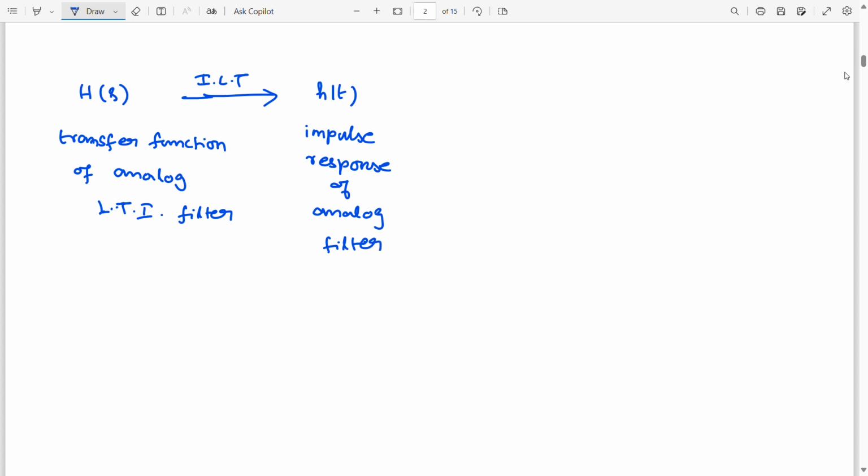And this h of t is uniformly sampled at the sampling rate of fs with the sampling period of ts, that means at every time instant nts, where ts is the sampling period.